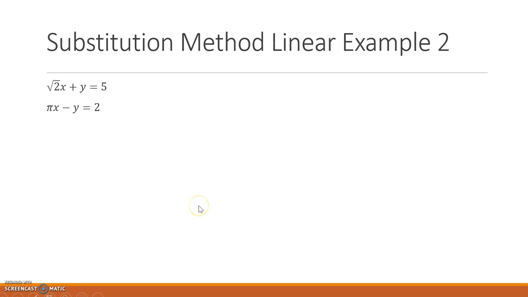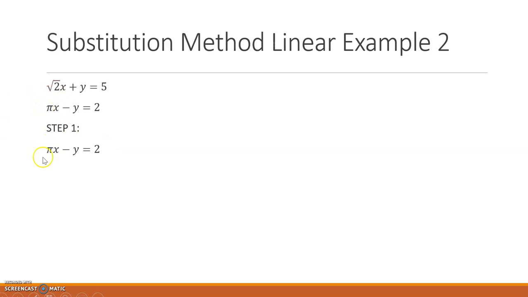So this linear example, note that the first linear example had all rational coefficients that could be expressed as fractions. In the second example, we'll see if we can use a substitution method to solve a system that has irrational coefficients. So we have the square root of 2 times x plus y equals 5, and pi times x minus y equals 2. Well, we'll follow the same three steps. So let's consider the second equation this time, and let's solve it for y.